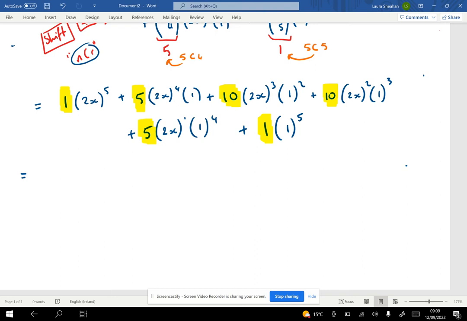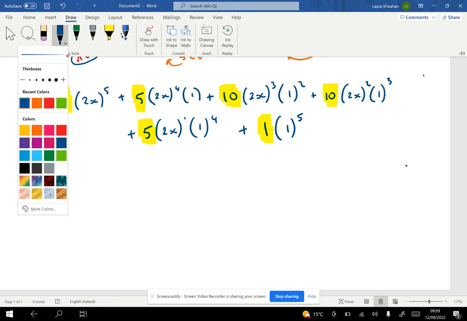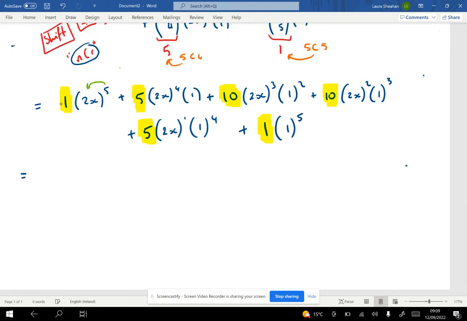So 2 to the power of 5, the indice goes both on the 2 and on the x. 2 to the power of 5 is 32, x to the power of 5, plus 5 times, always doing my indices first, the 4 goes on to the 2 and to the x. 2 to the power of 4 is 16, x to the power of 4, and anything multiplied by 1 is just 1, so I can leave that bit out.